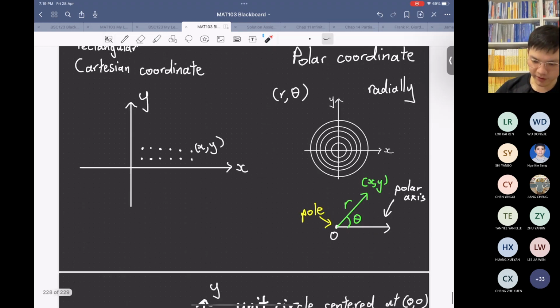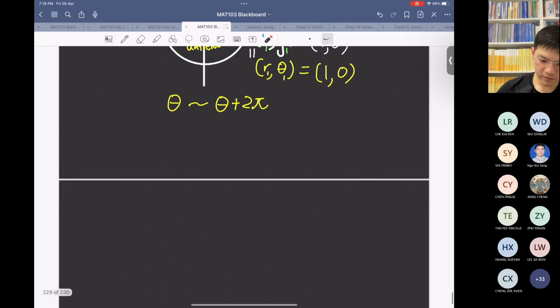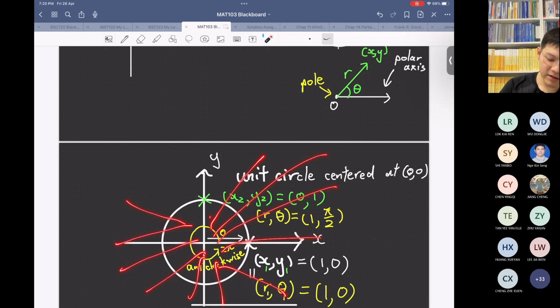Okay, maybe we continue first. Another comment is when we go around 2 pi, it comes back to the same point. When you keep going around 2 pi again, it is still the same point. So from 0 until not including 2 pi, it is enough to describe every point in the xy plane.